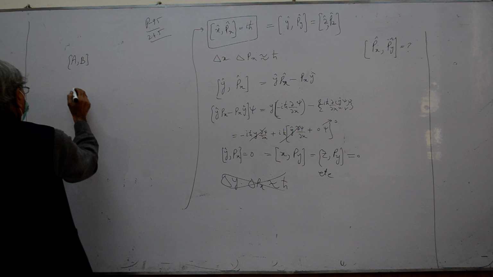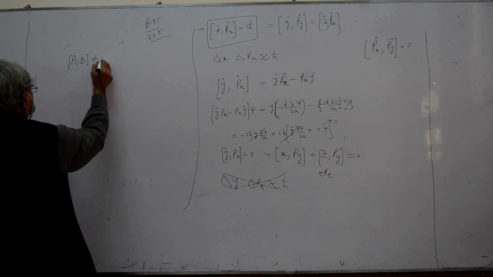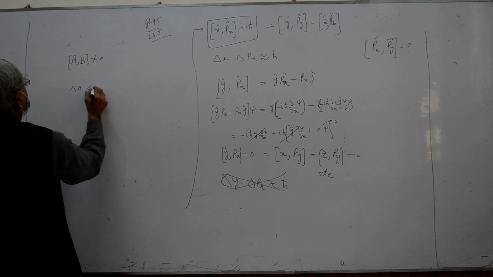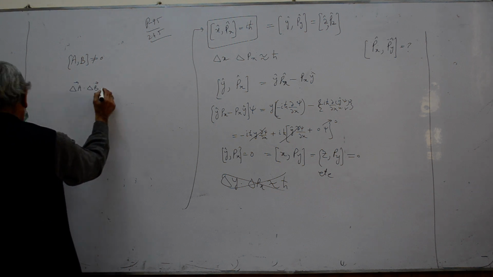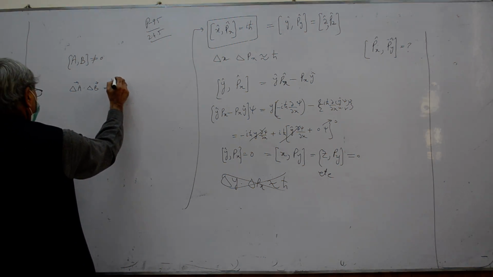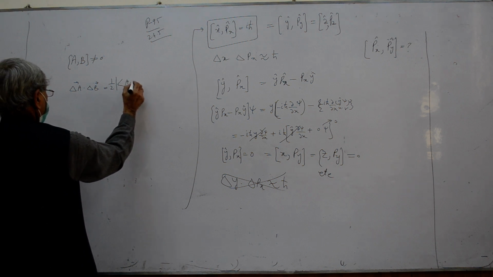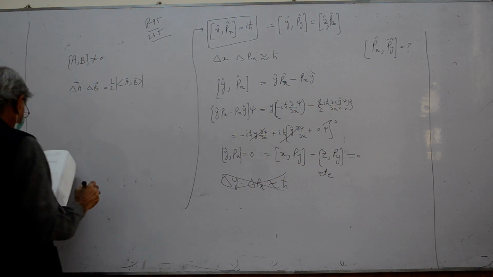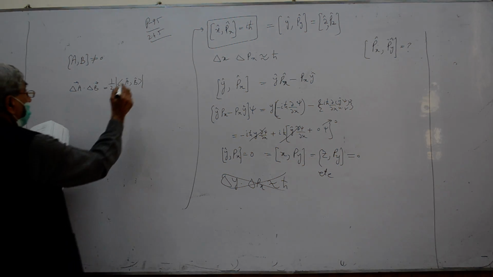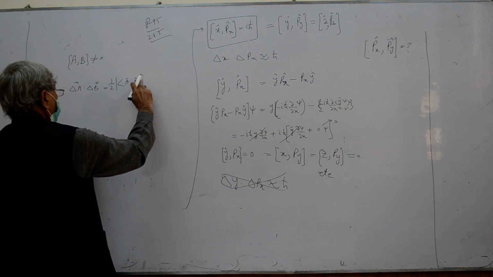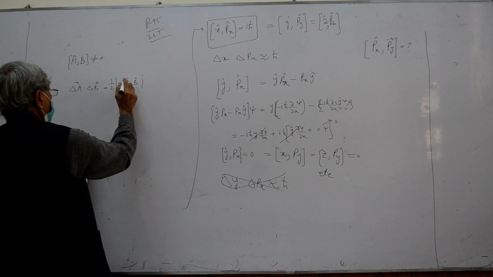Then delta A delta B is equal to 1/2 A and B. और ये भी है, कम्यूटेटर भी है. ठहर जाओ, पहले कम्यूटेटर है और फिर उसकी एवरेज वैल्यू है.